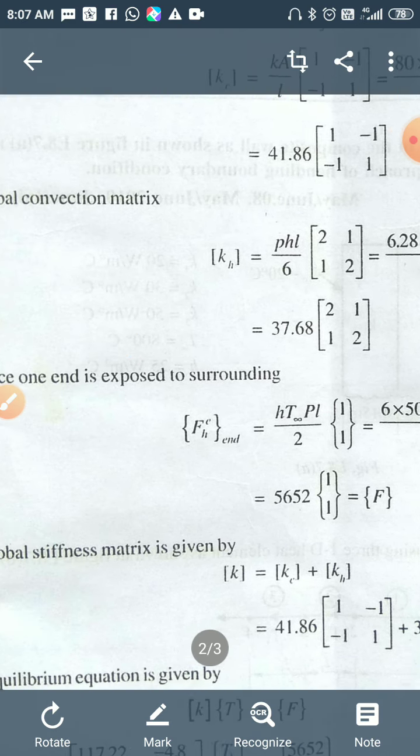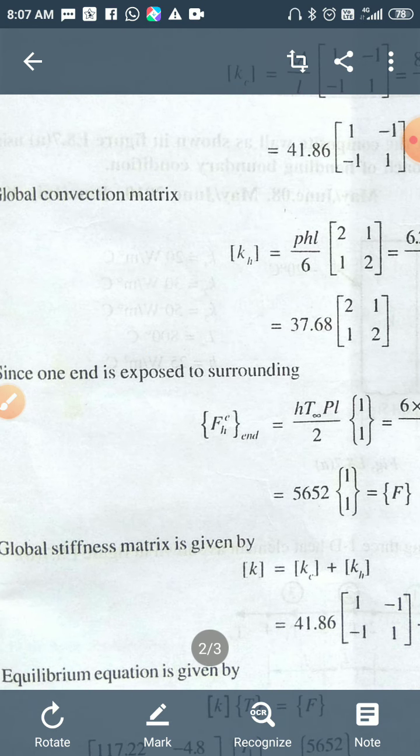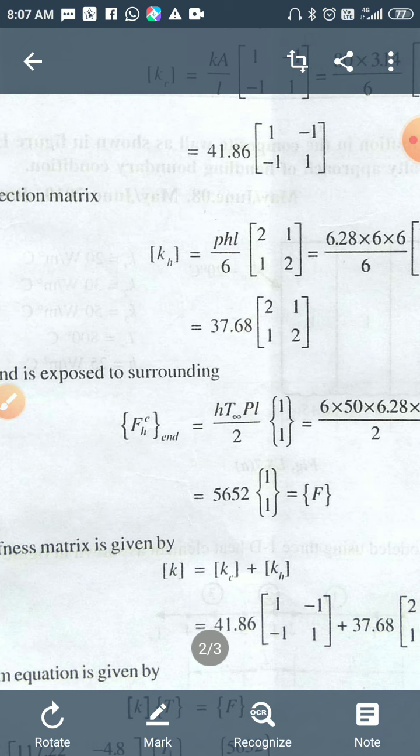In the same way we are going to determine the force vector for the extended fin. This is also one more standard formula you must remember, that is Fh at the end, at the surroundings, that is convection.